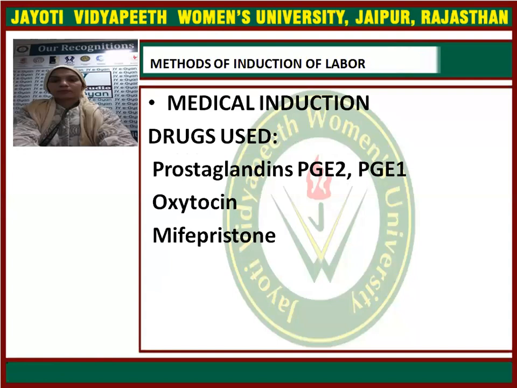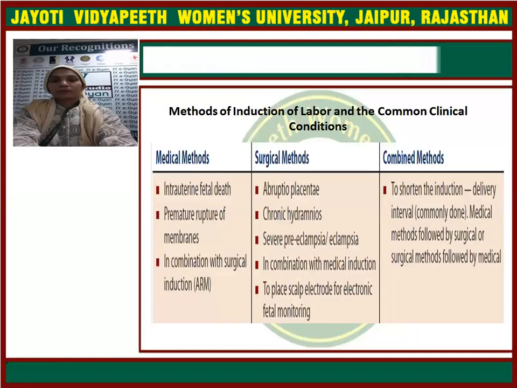So, prostaglandins. These prostaglandins basically act locally, and a local gel is applied, as we have seen. A tablet or suppository is kept vaginally, and it is primarily important for the ripening of the cervix, and that is the role of prostaglandin E2. Whereas prostaglandin F2 is important for myometrial contractions.